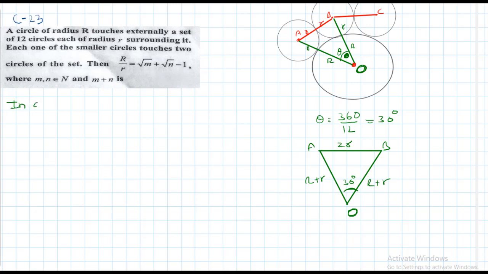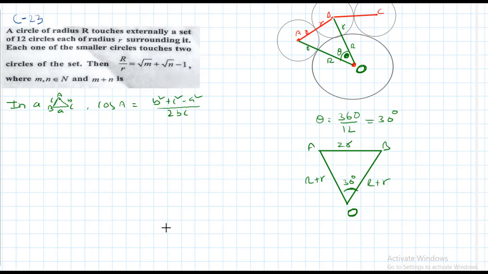in a triangle ABC: cos A equals b square plus c square minus a square by 2bc. So this is small a, this is small b, this is small c. Similarly, you can write cos B, cos C also. Using the cosine rule, you get the relationship between capital R and small r.